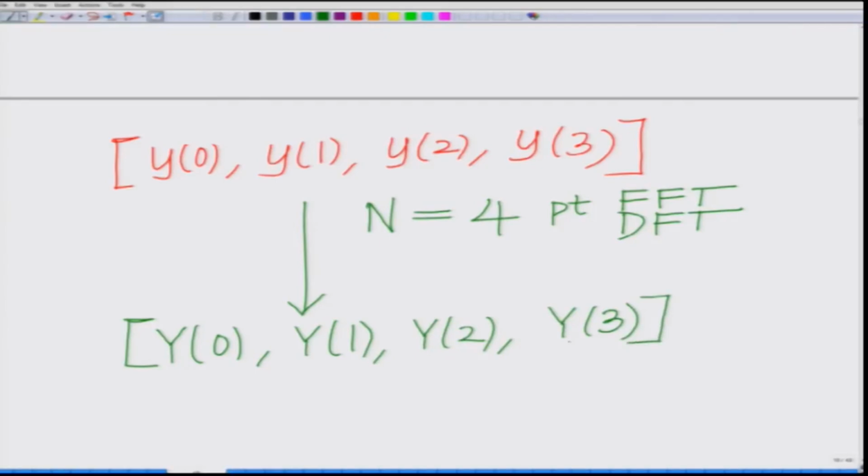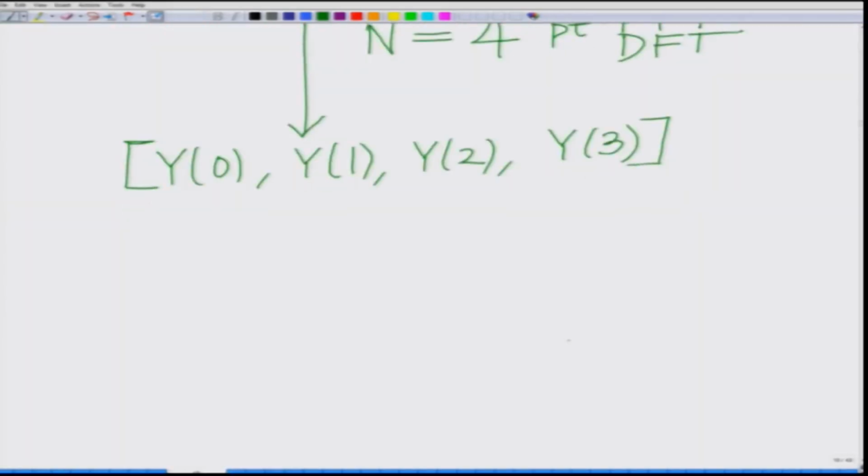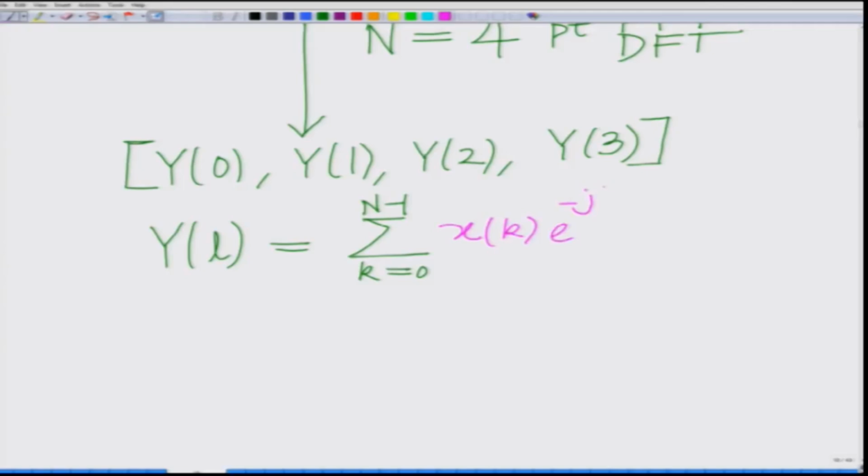where each Y l is generated by the FFT of the small y's, that is summation k equal to 0 to n minus 1, which is 3, y k e to the power of minus j 2 pi k l divided by n, and substitute n equal to 4.